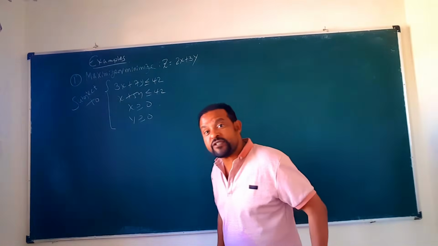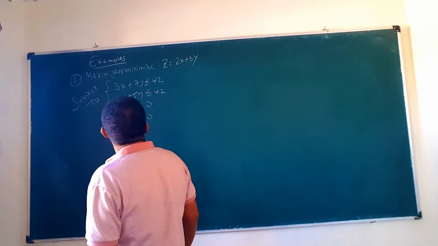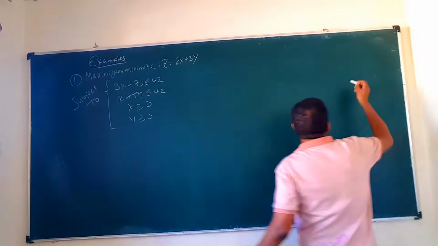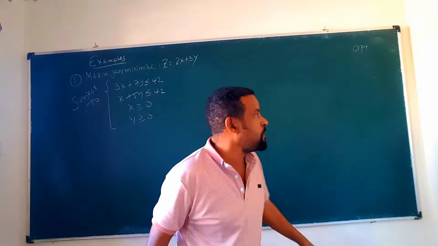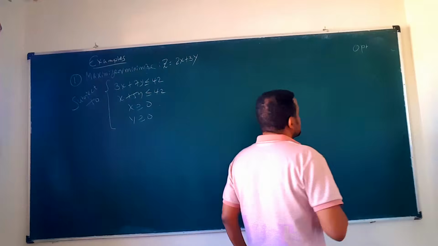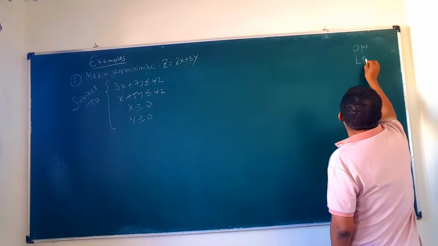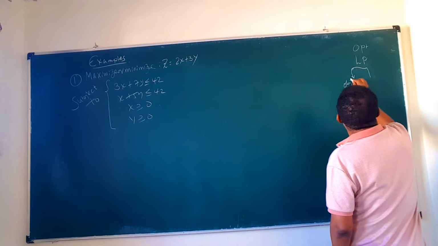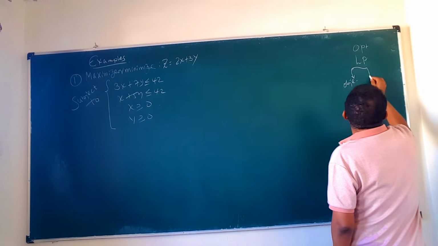Let's do examples on linear programming problems from your textbook. So remember: there is an optimization problem, and a very good example of an optimization problem is linear programming. In linear programming there is an objective function and constraint functions.